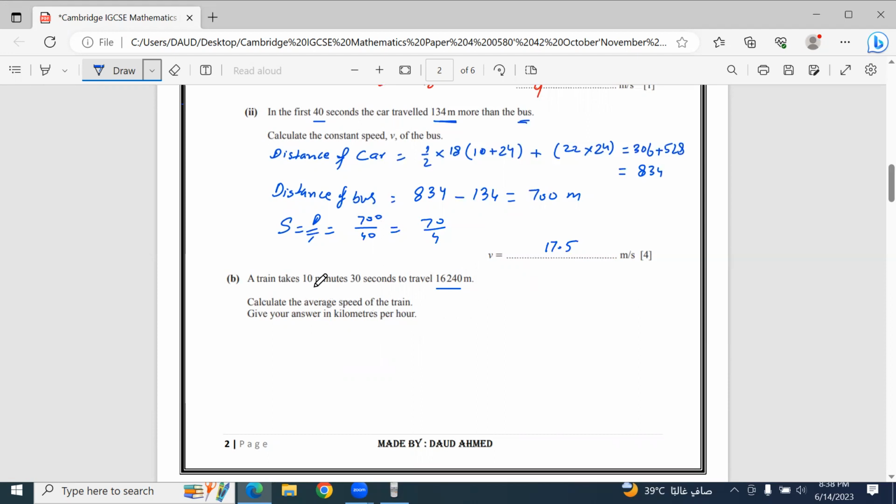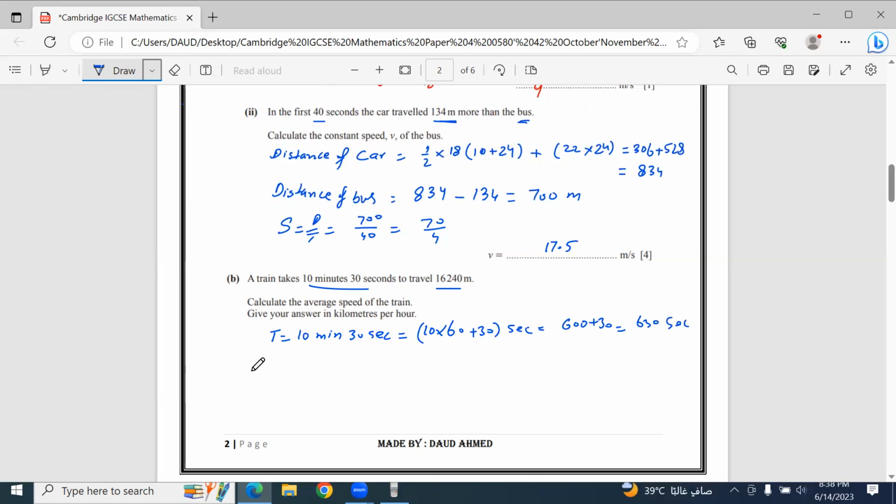First of all, we will find the total time in seconds, because it is in minutes as well as seconds. Time equals 10 minutes 30 seconds, which is 10 multiplied by 60 plus 30, so 600 plus 30, which is 630 seconds.